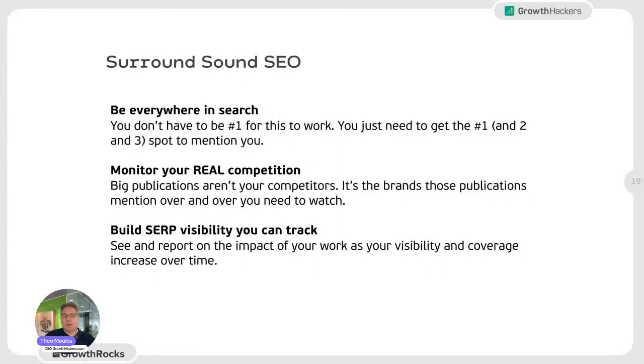Okay, so making sure that we cover different aspects of our personas and of our keywords. Because at the end of the day, what we care about is that we need to be everywhere in searches. We need to monitor different competitors in real time, and we need to make sure that we have the maximum visibility in search engine result pages. Okay, and that's exactly what surround sound SEO is doing.